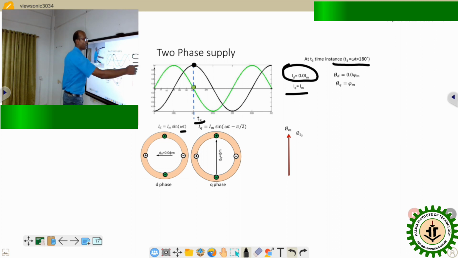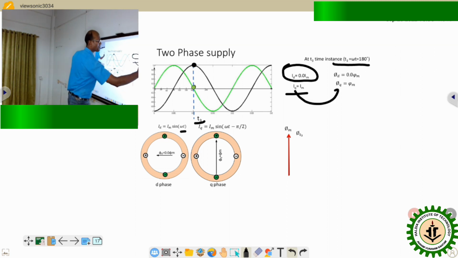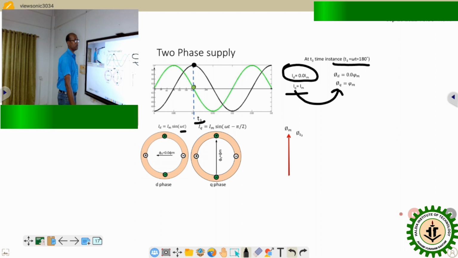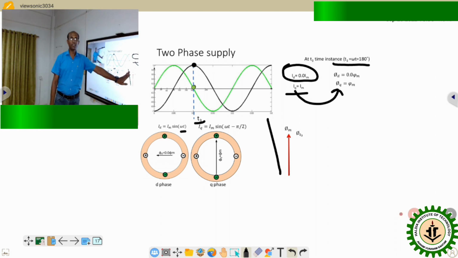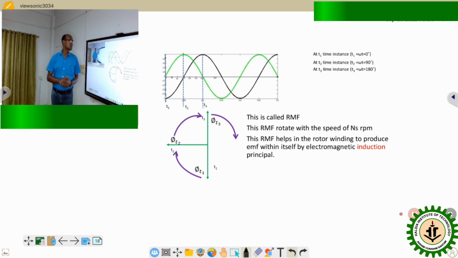So Iq is responsible for creating phi q, which is phi m. For that particular time instance t3, we got the resultant flux in the outward direction, and its magnitude is again phi m. So in that two-phase system, at three different time instances, we find three different resultant fluxes.